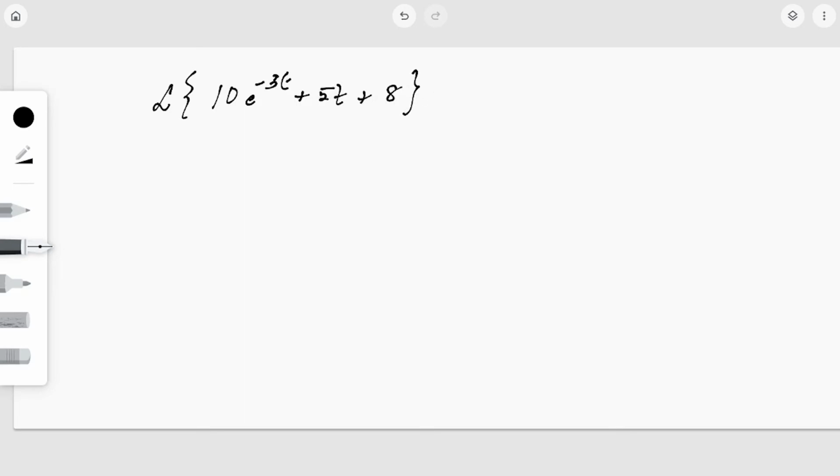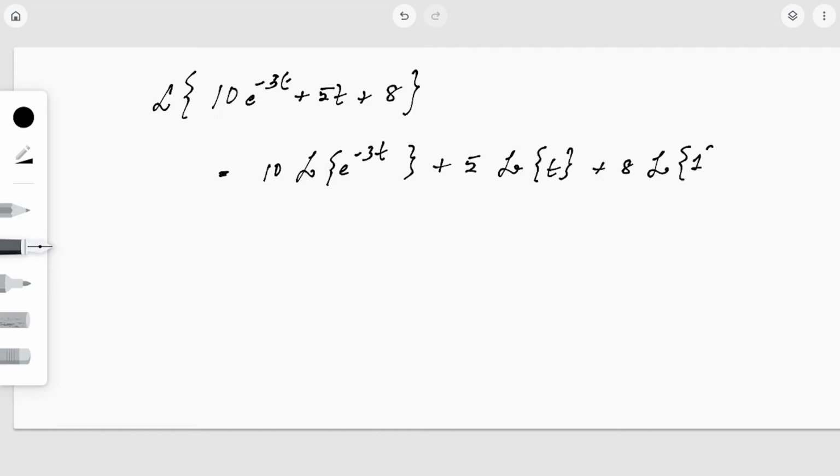What will this value be? This is nothing but 10 into linear transform of e raised to minus 3t plus 5 into linear transform of t plus 8 into linear transform of 1. Now this value is 10 into 1 by s plus 3 plus 5 into 1 by s square plus 8 into 1 by s.